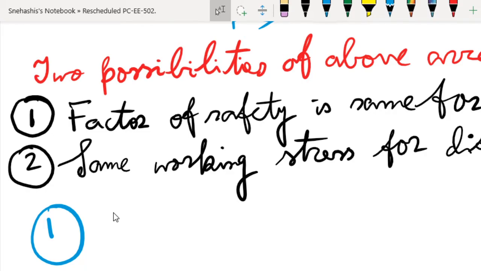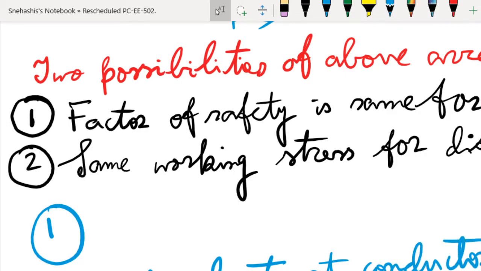So for that, the factor of safety for all the materials is the same. Gradient at the conductor surface. Now what is that?